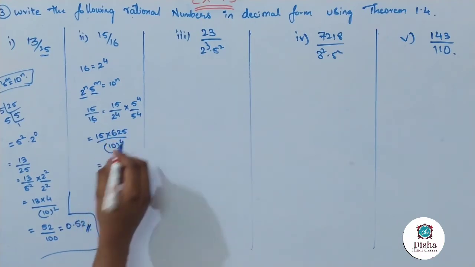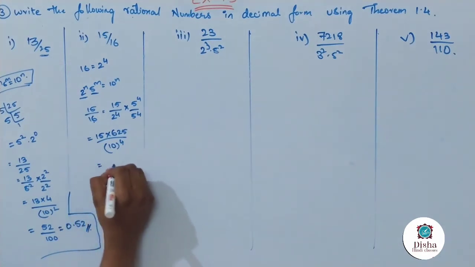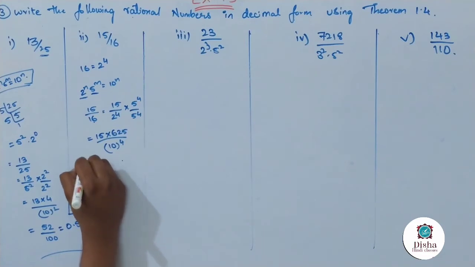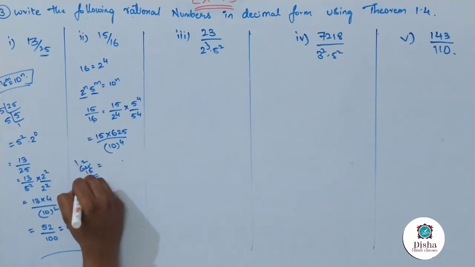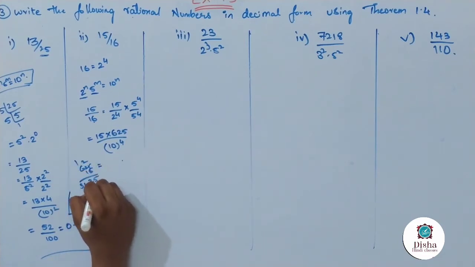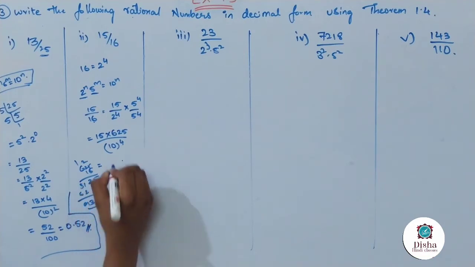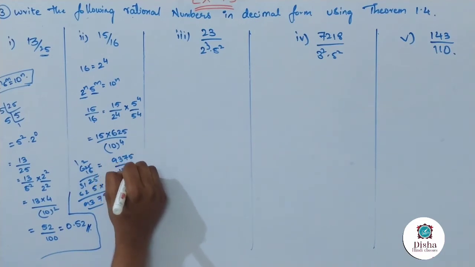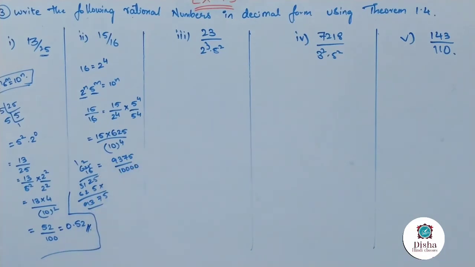So 15 into 625 we get 9375 by 10,000. Right, 4 zeros we get.